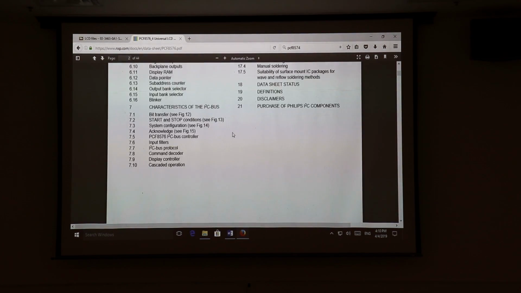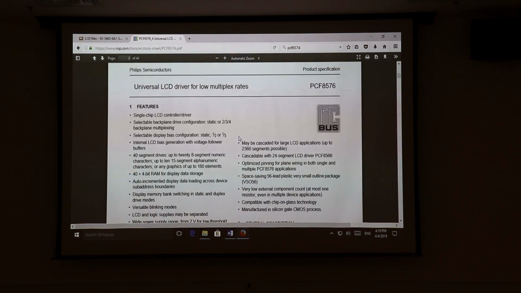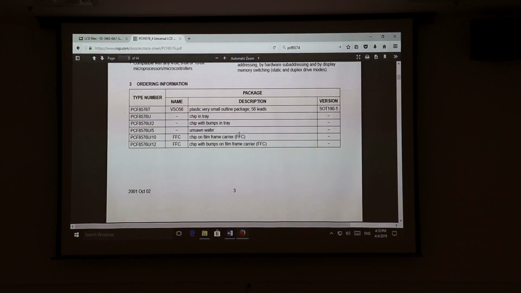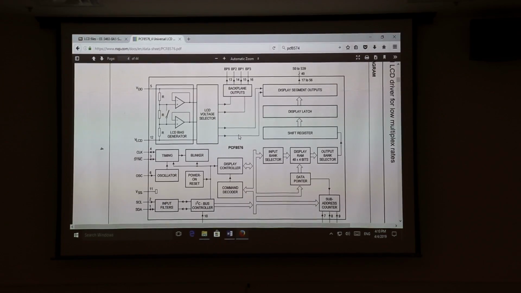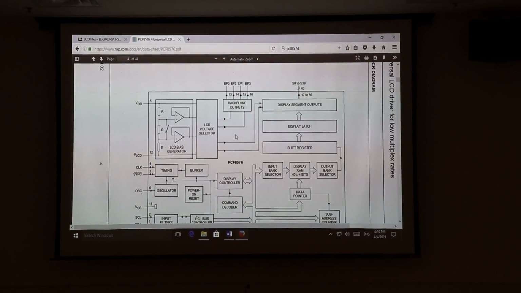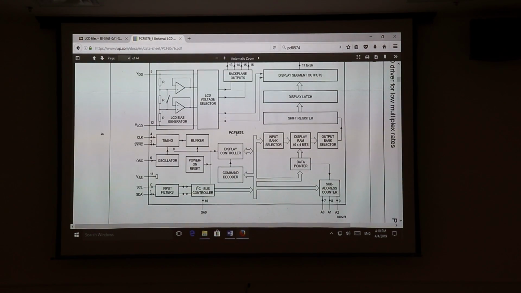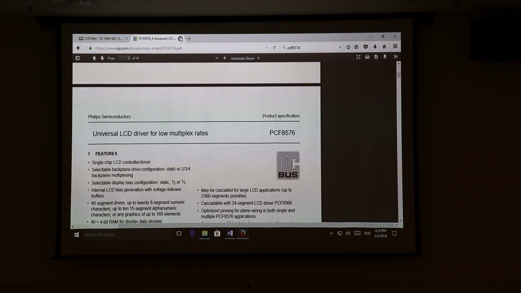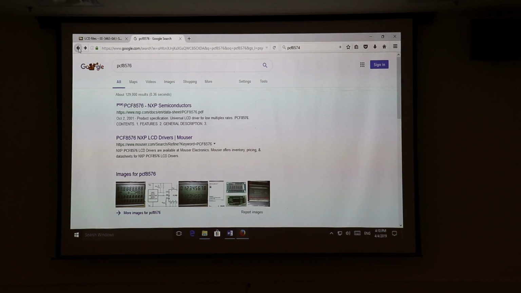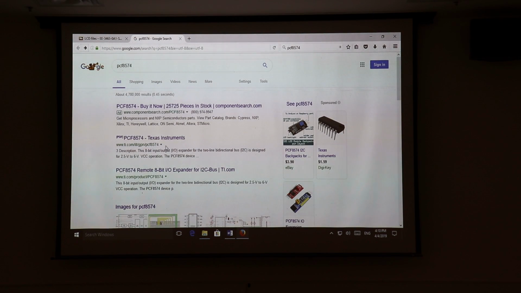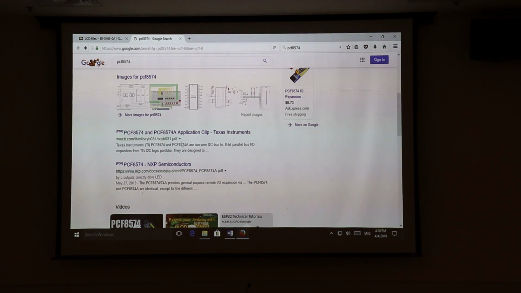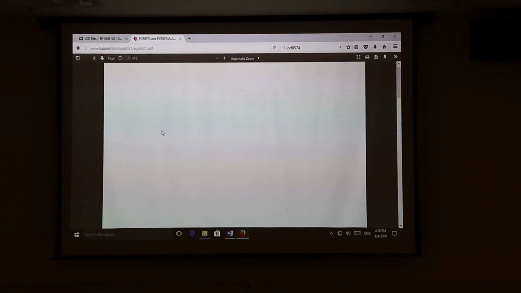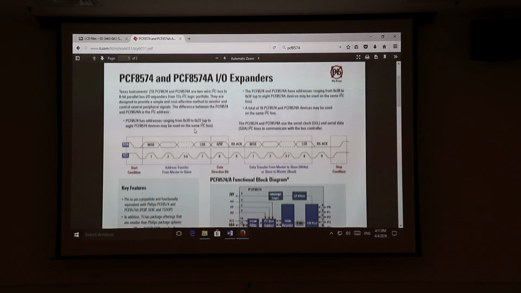Oh, well, actually, maybe this isn't the right chip. Yeah, I think it is, actually. But anyway, I don't know. I think this has some extra stuff on it. Maybe if I go back to the other data sheet. Where is it? There's the PDF. So, yeah, okay.